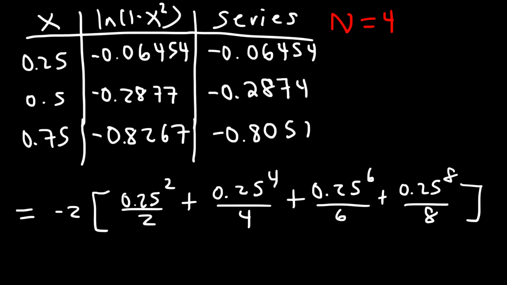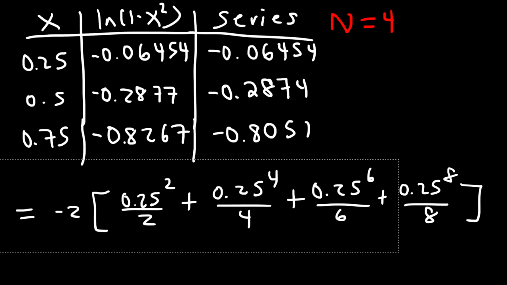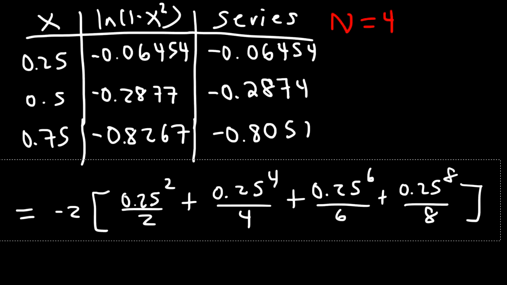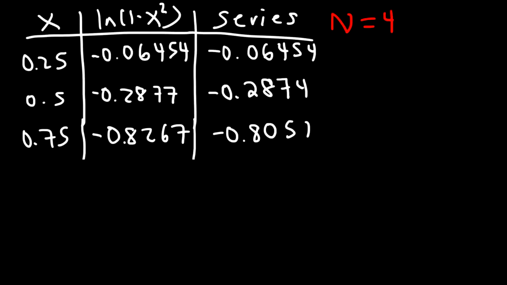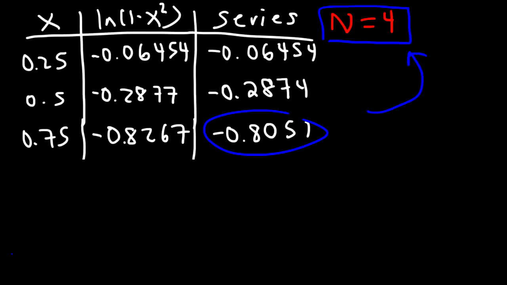So what do you notice is happening here as x increases from 0.25 to 0.75? Notice that the accuracy decreases when n equals 4. Now you can make this answer more accurate. You simply need to increase the n value. So if you add a few more terms, it will converge to this number. So the power series that we have is correct.